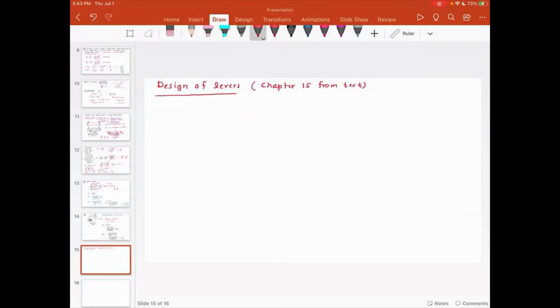And what I'm going to do is work out some simple problems for the lever design. That way you would be comfortable with the design process, whether it's a bending support, a bracket, a lever, or maybe a combination. The only thing that I want to talk about in the design of a lever is a new concept called the bearing stress.